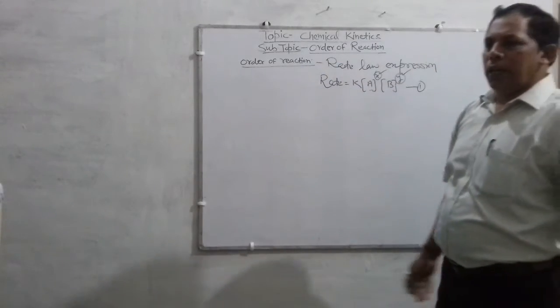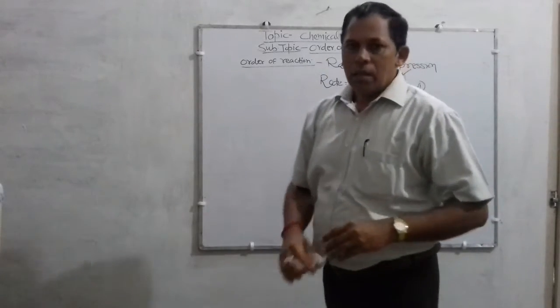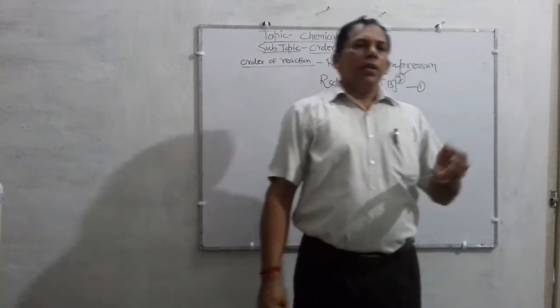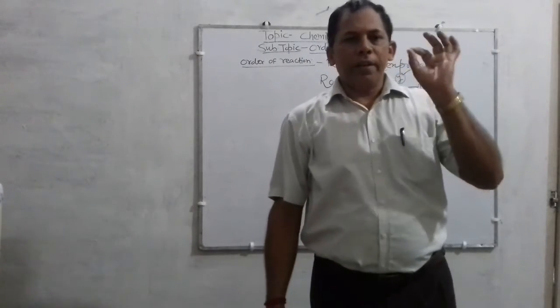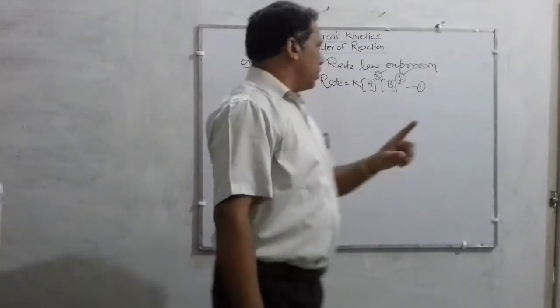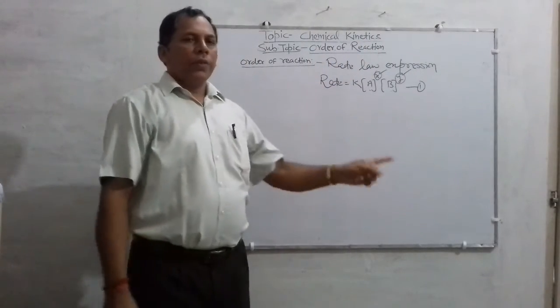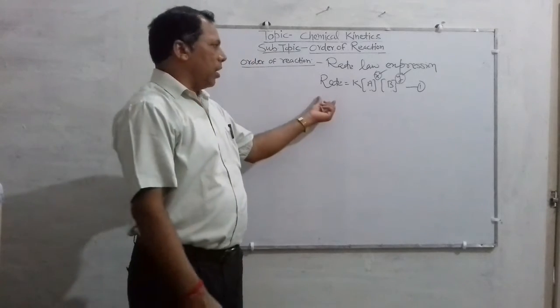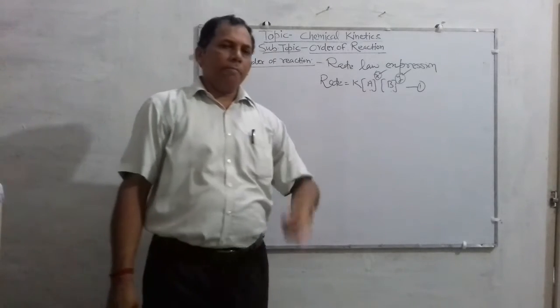Or more simply, you can say that order of reaction is the number of reactant molecules which determines the rate of reaction with the change in the concentration of the reactant. Once again listen.